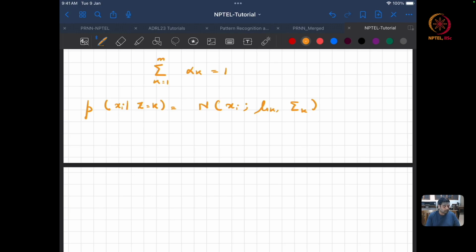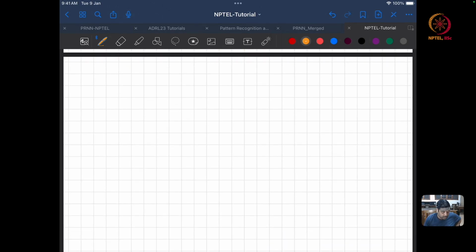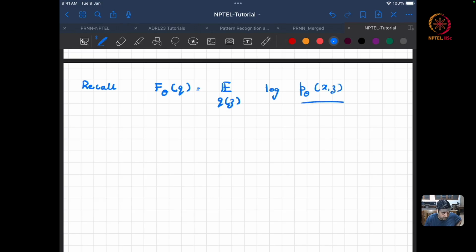Now recall from the EM algorithm, f theta of q is the expectation over q of log of p theta of x comma z divided by q of z.